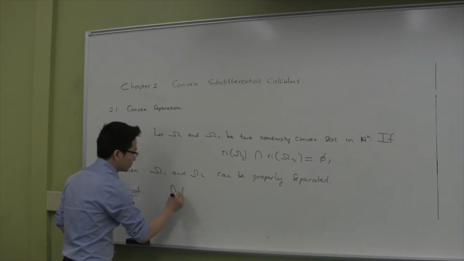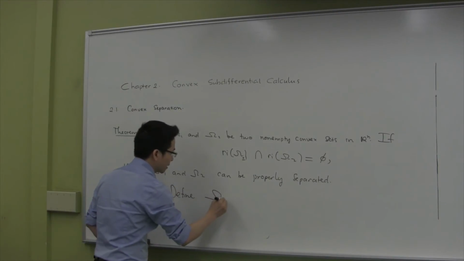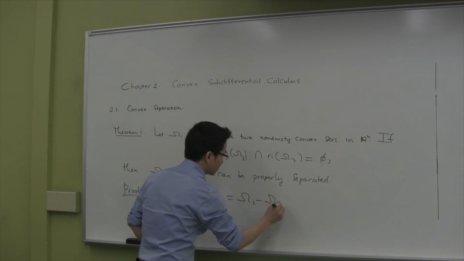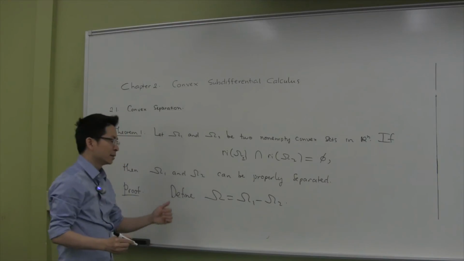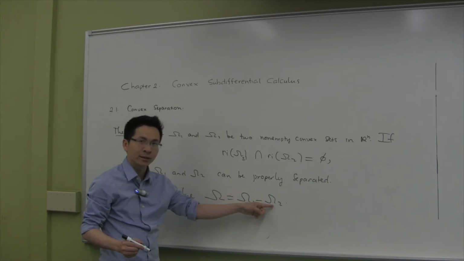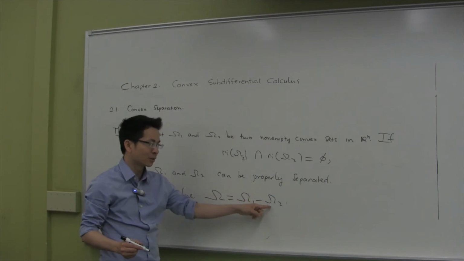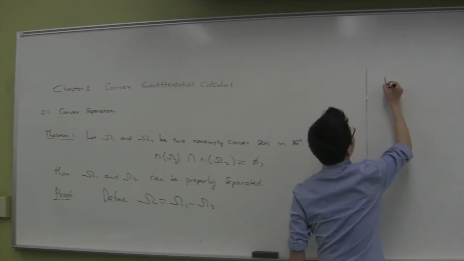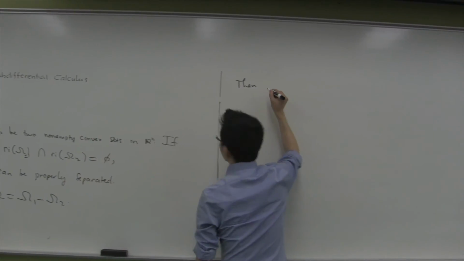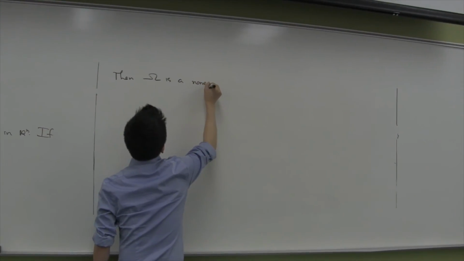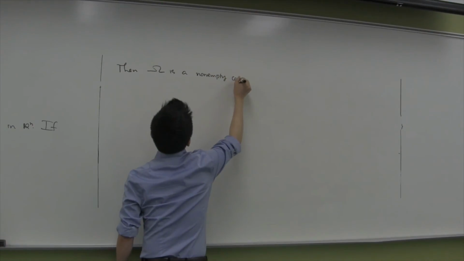Define the set omega as omega 1 minus omega 2. Again, this is the set of all differences of elements of the form x minus y, where x is in omega 1 and y is in omega 2. Then omega is a non-empty convex set.